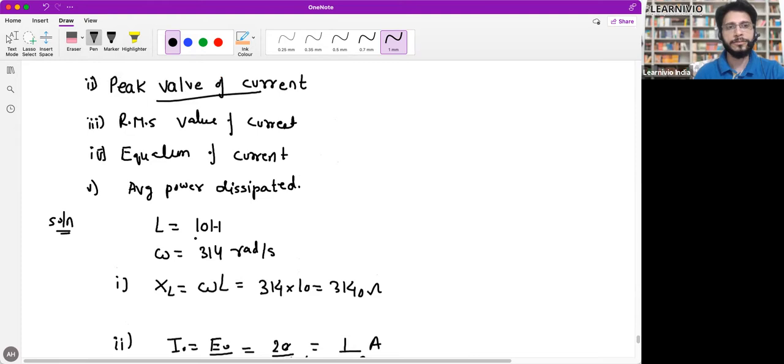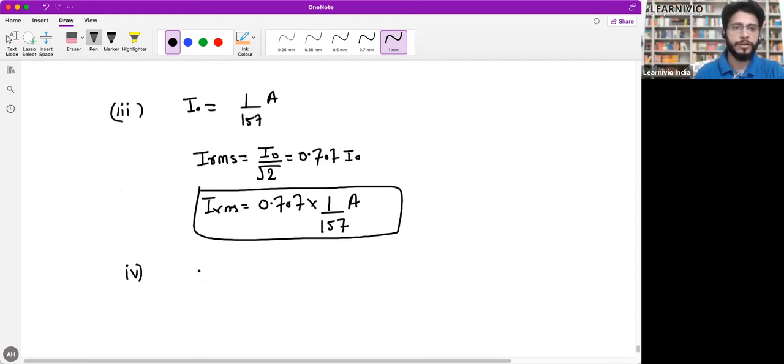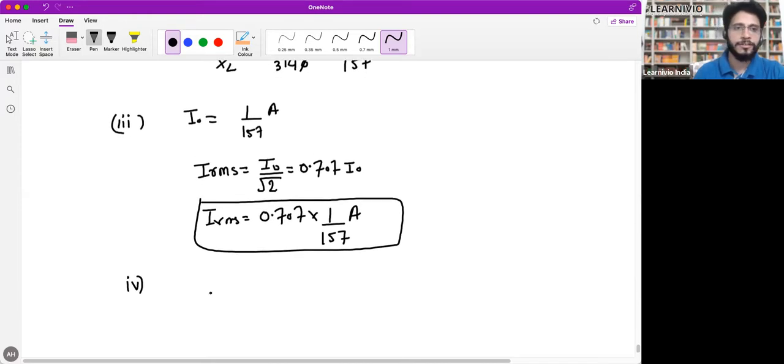Okay, so that's RMS. Equation of current. What is the equation of current? Noor? It is I equals I naught sine of omega t minus pi by 2.